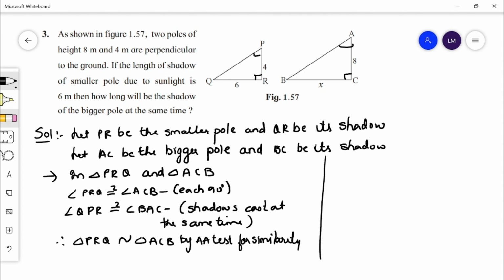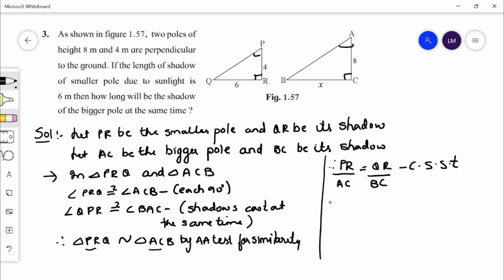Now we will write its sides in upon form. Therefore PR upon, here PR we took, so from the other triangle it is AC. PR upon AC will be equal to QR upon BC. The reason is CSSTP, that means corresponding sides of similar triangles.